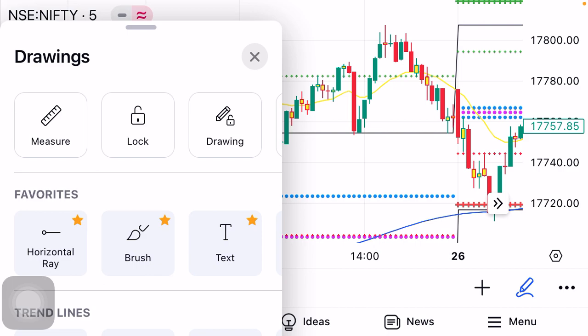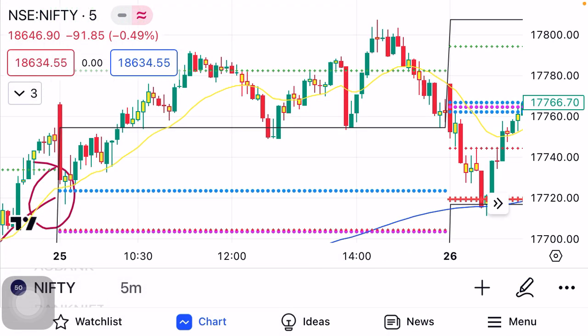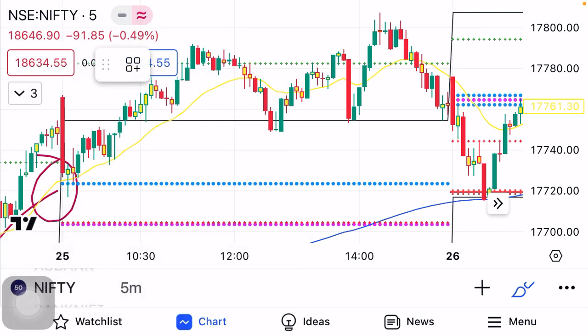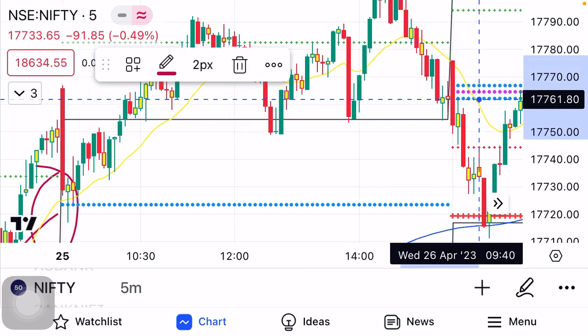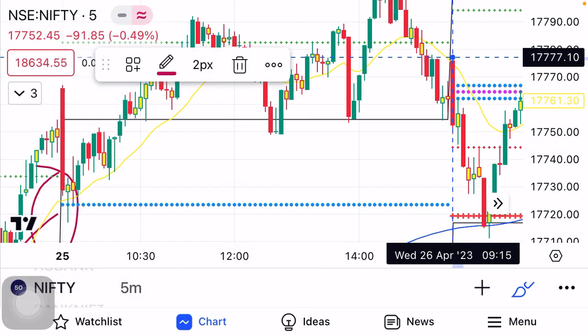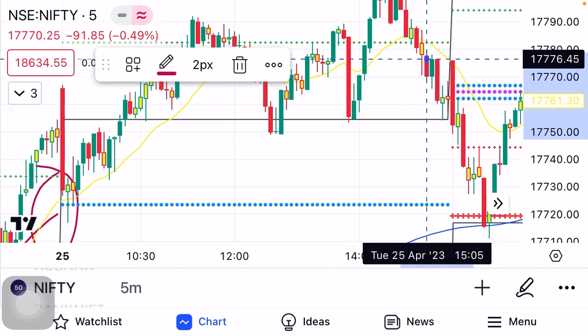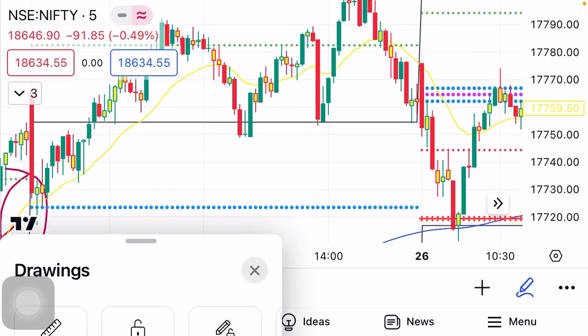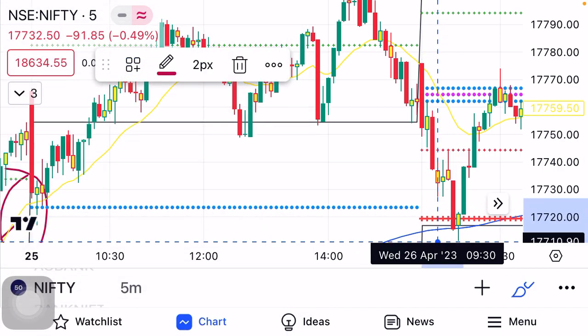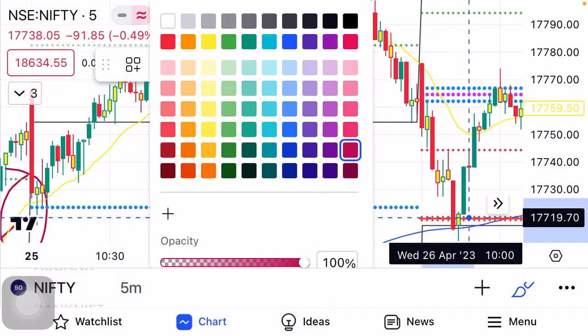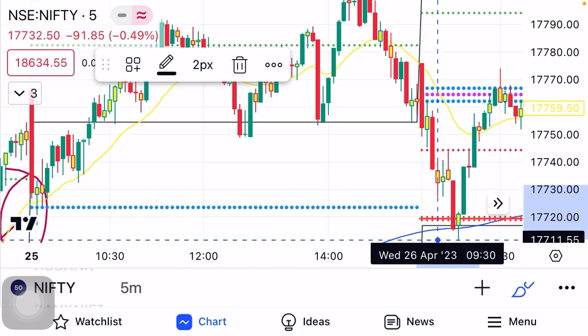And if you see this 26th graph, you can't take trade from this first 5 minutes candle, this candle. So we'll see a price action at this point.